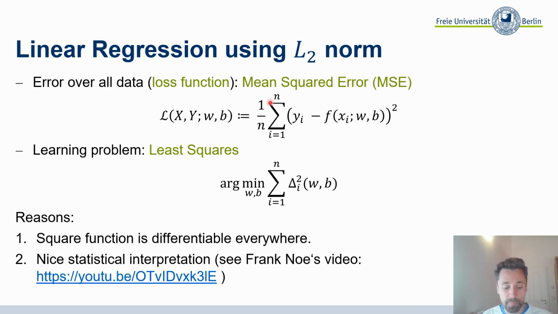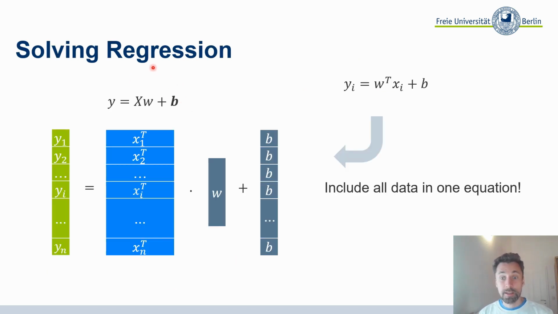So the probability of the data given the model is maximized when the error squares are minimized. Go watch this video.